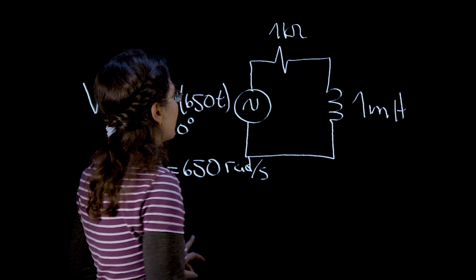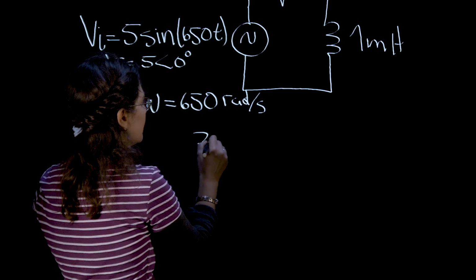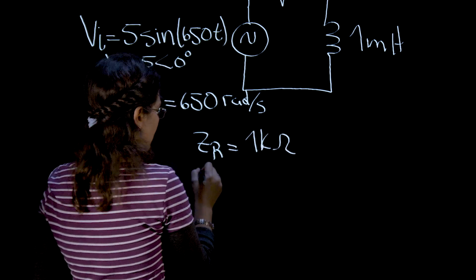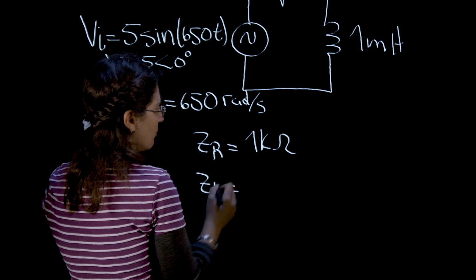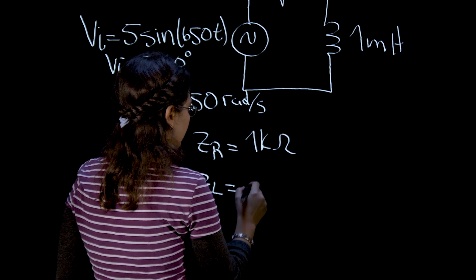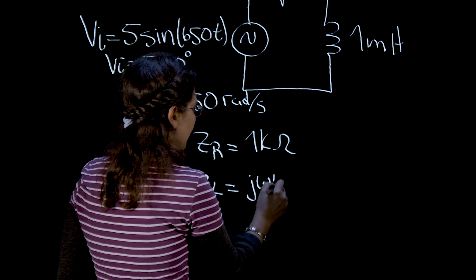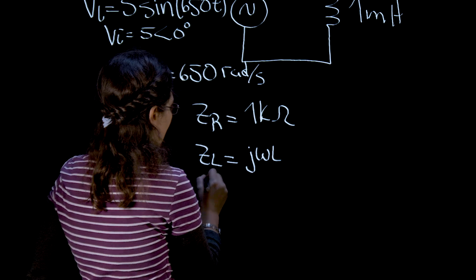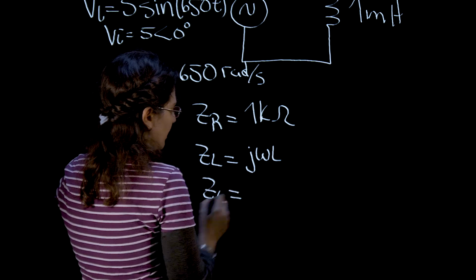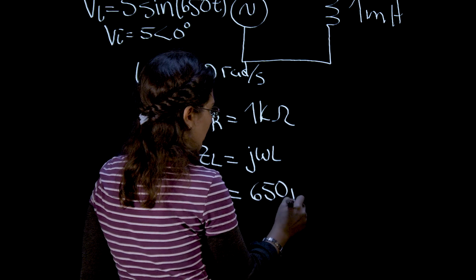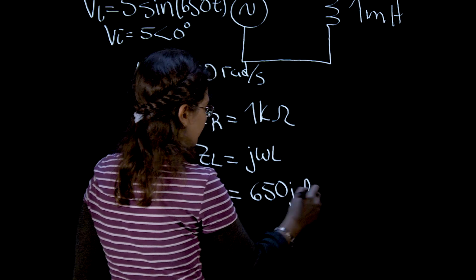So we know that the impedance of my resistance is 1 kilo ohm. And we know that the impedance of our inductor is j omega L. So in this case, our impedance will be 650 j ohms.